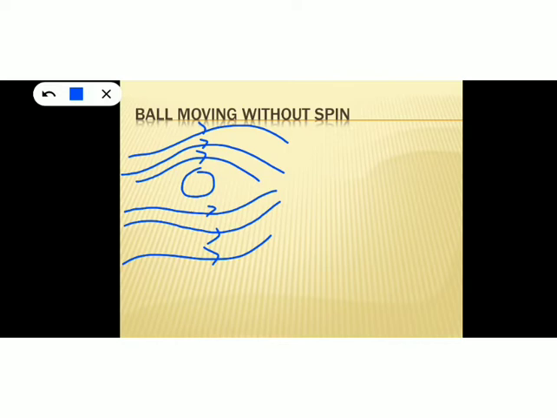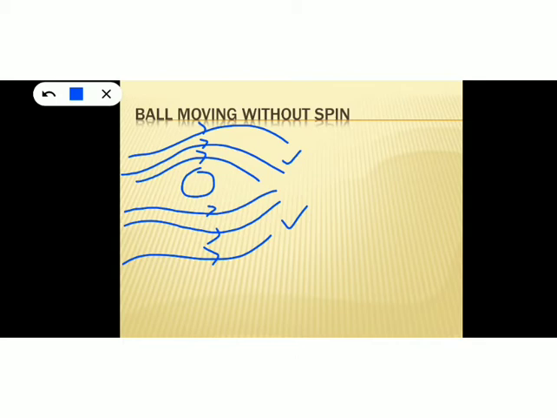Hence, there won't be any pressure difference, because as per Bernoulli's principle, whenever pressure increases, velocity decreases. That means pressure is inversely proportional to velocity. So if velocities are the same, there won't be any pressure difference; pressure will be equal. Here the velocity of the air on both surfaces of the ball will be the same when it is moving without spin.